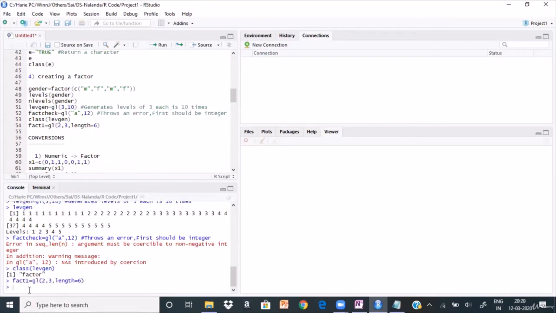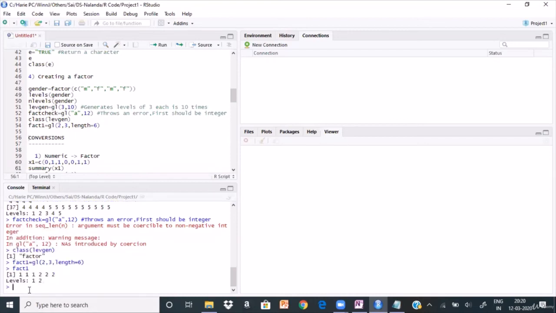So if I do this, the system is going to generate something like this. You see here, there are only 2 levels it is generating. I am specifying my length equal to 6.